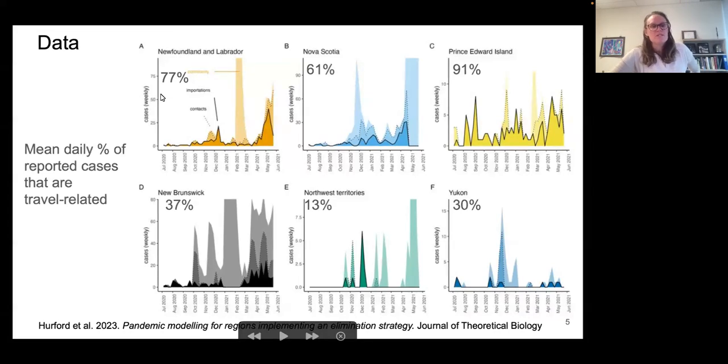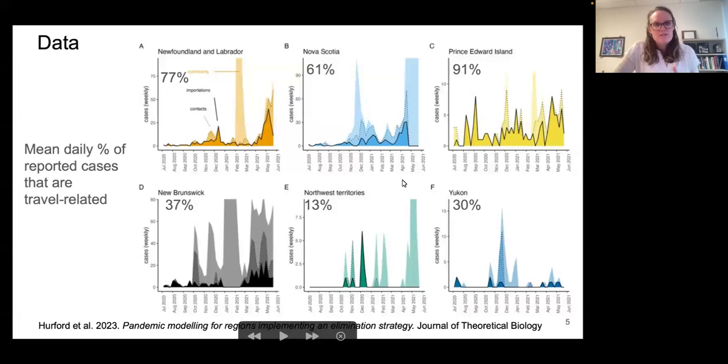So the percentages that you see are the percentage of cases that are travel related of all cases that are reported daily. So for Newfoundland and Labrador, of all the cases that are reported each day, 77% of them were travel-related cases. And you see a very high number in Prince Edward Island, mostly only travel-related cases reported, 91% of reported daily cases being travel related.